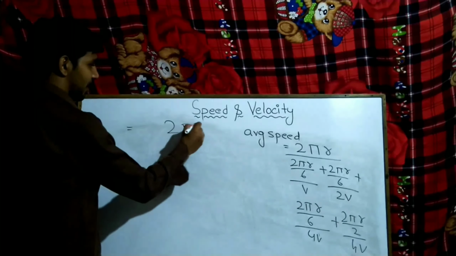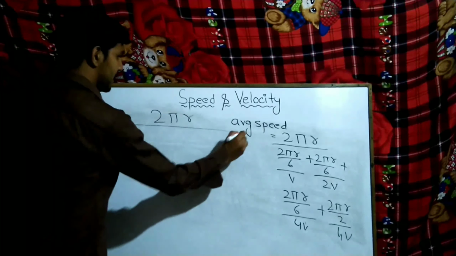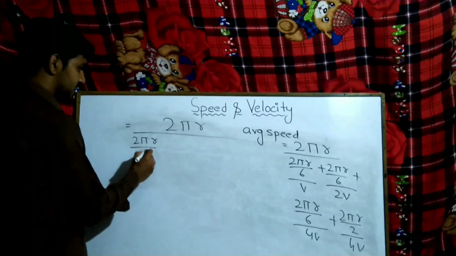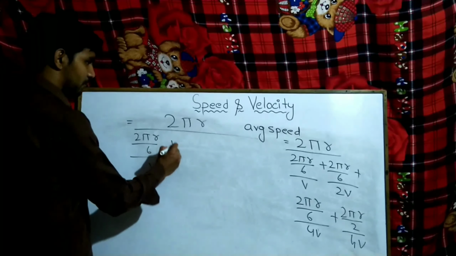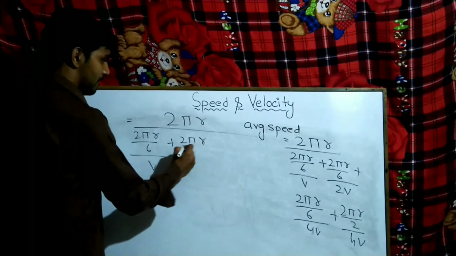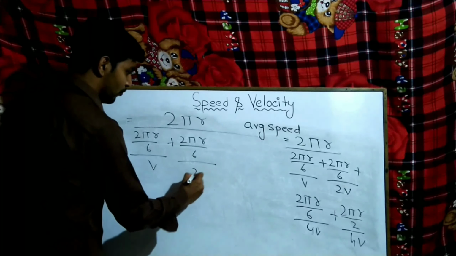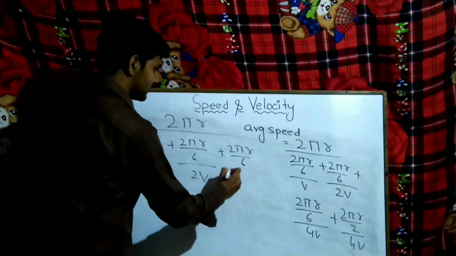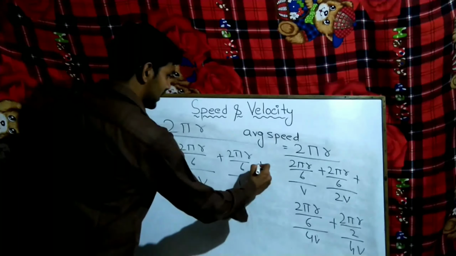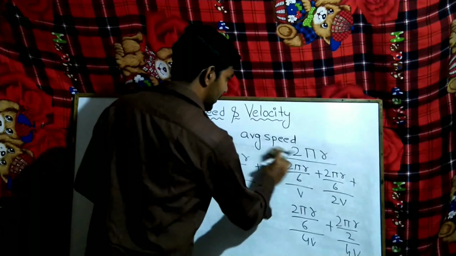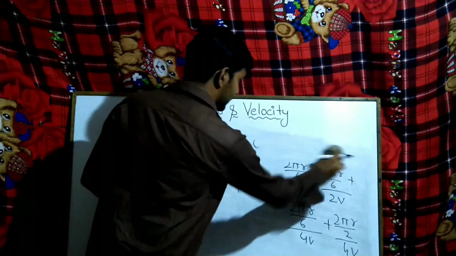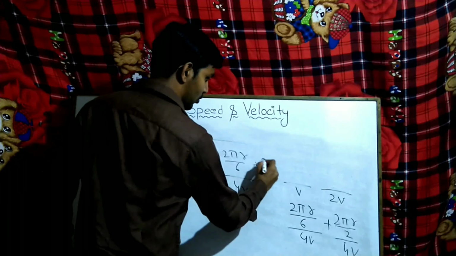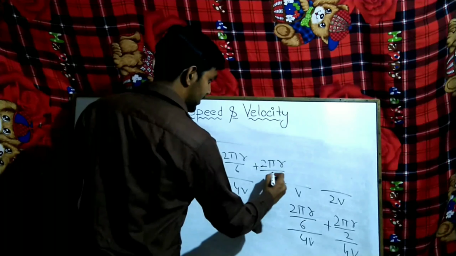Now the sum is 2 pi r by 6v plus 2 pi r by 6 by 2v plus 2 pi r by 6 by 4v. I will rub this step.